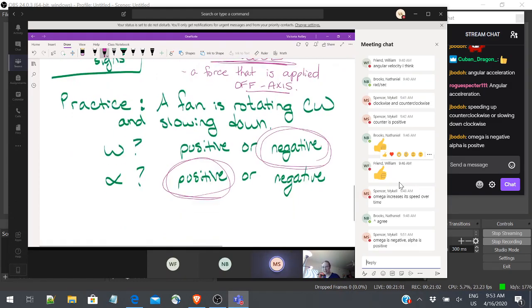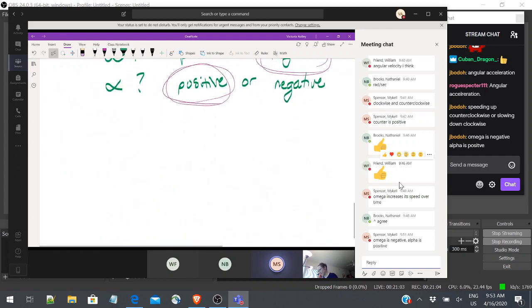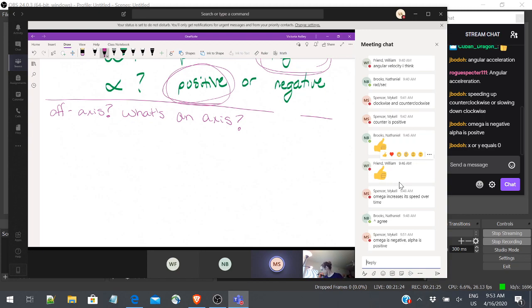Okay. What does that mean, off axis? What's an axis? X or y equals 0. So that would be true for, we're thinking about like the coordinate x-axis and y-axis, right?